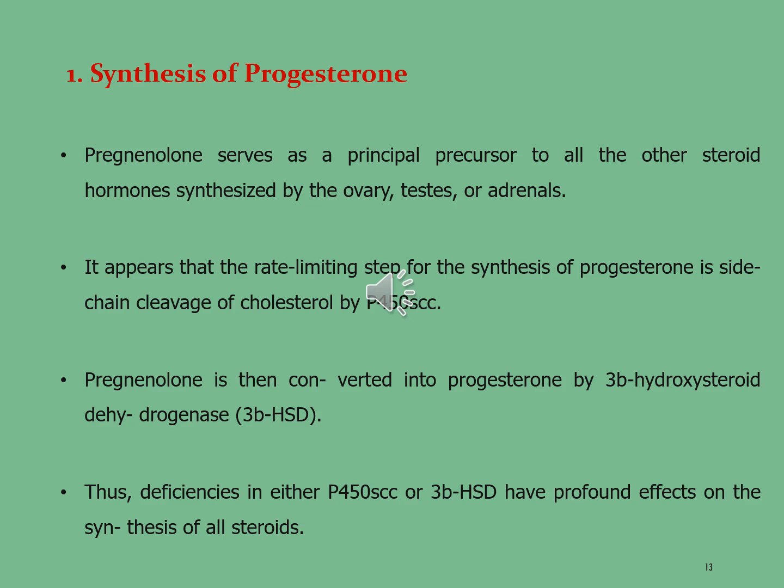Pregnenolone is then converted into progesterone by 3-beta hydroxysteroid dehydrogenase, abbreviated as 3-beta-HSD. Thus, deficiencies in either P450 SCC or 3-beta-HSD have profound effects on the synthesis of all steroids.